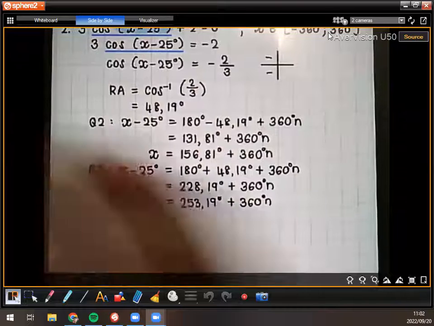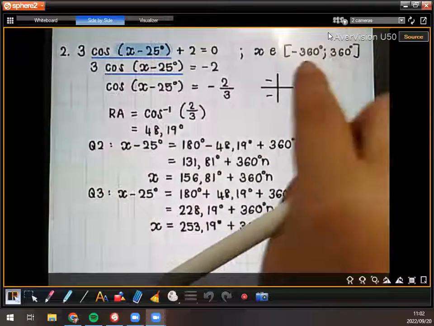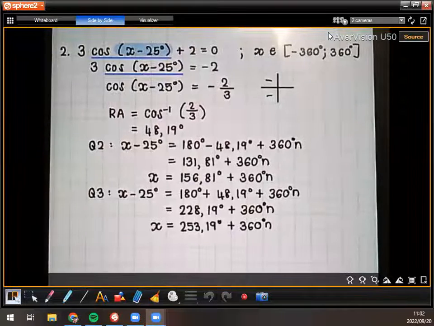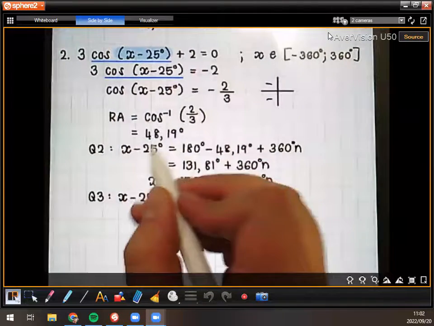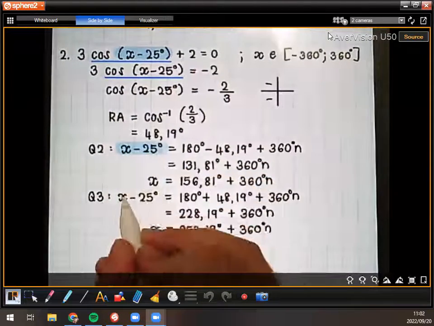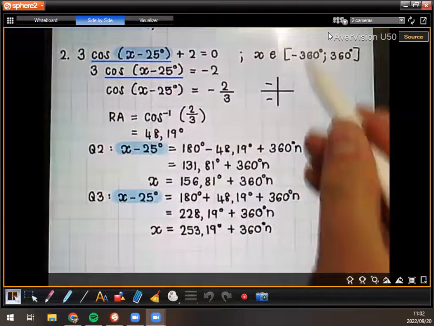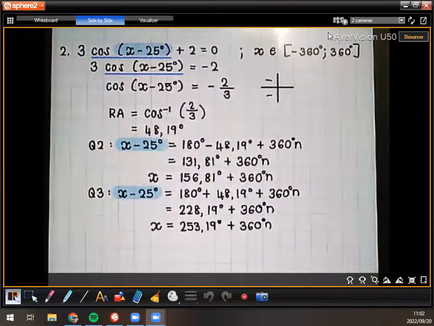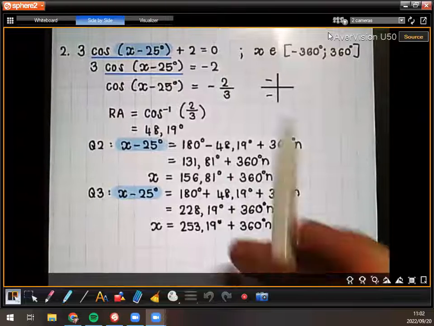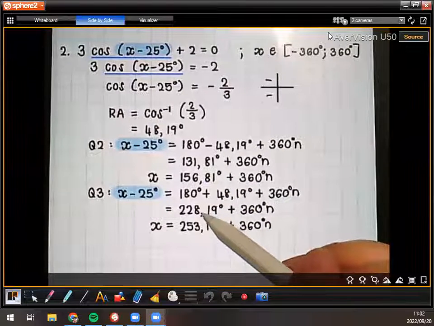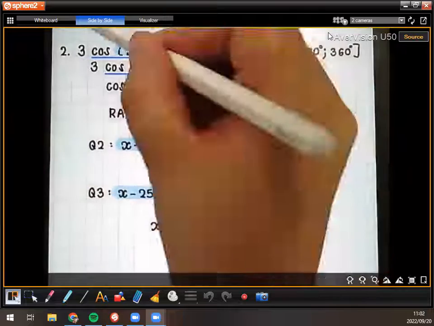Right, not done yet. They told us that x has to be between negative 360 and 360. So now we must go do our specific solutions. I just quickly want to highlight these angles here so that we remember that, please. And now for the specific solution, guys, we need to list all of the specific values that we can get from these two general solutions that lie between negative 360 and 360.